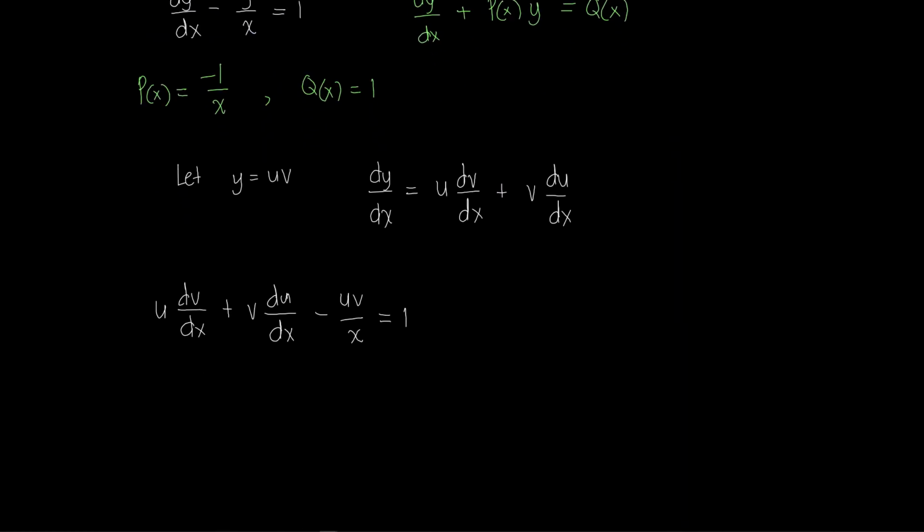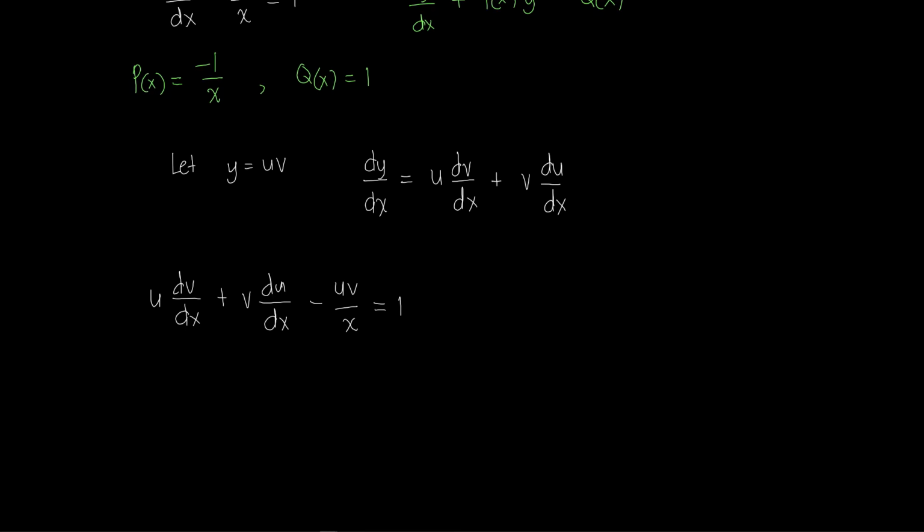So let's factor out the terms with v. Which ones here have v? This one has v, and this one also has v. This one is not included because it is a derivative of v. So we factor out v, and it becomes u dv over dx plus v times du over dx minus, factoring out the v, u over x, is equal to 1. So we are done with step 2.